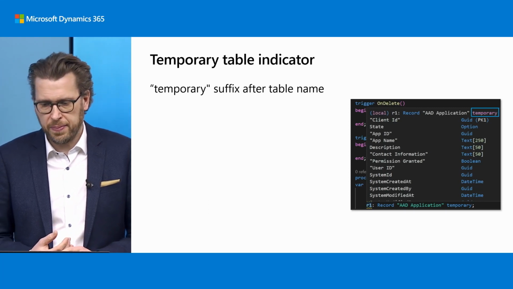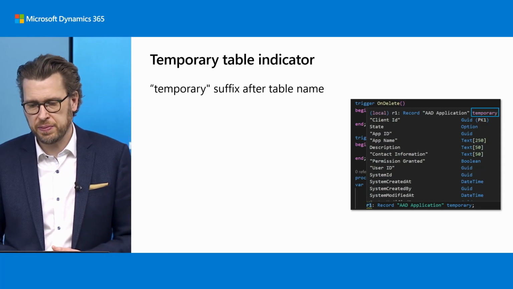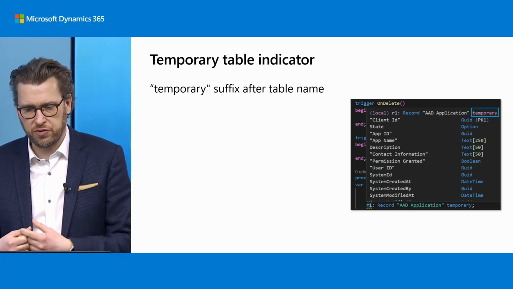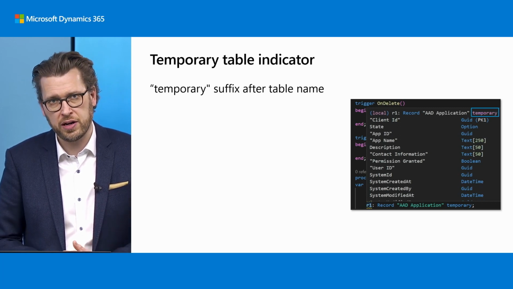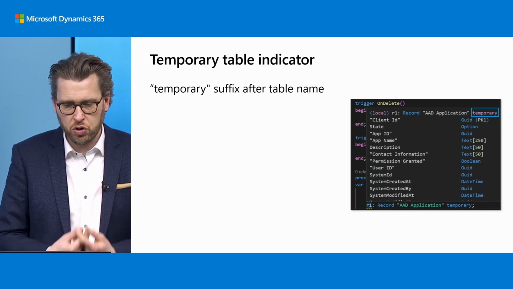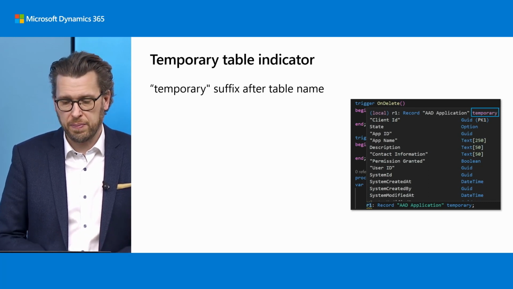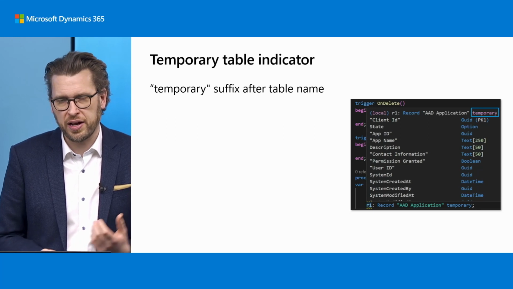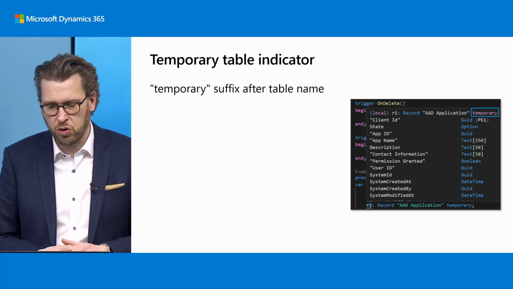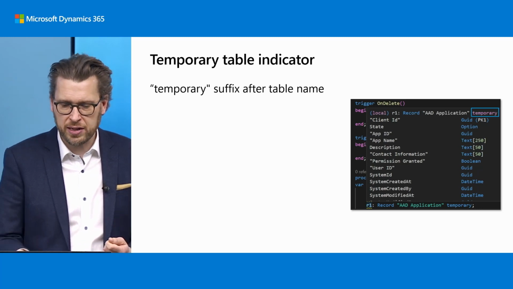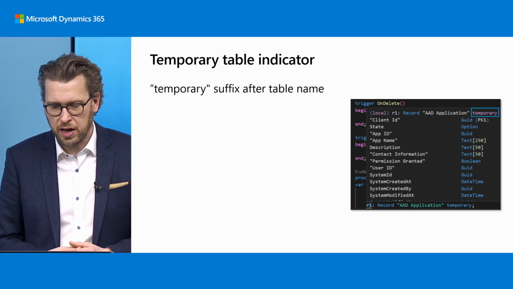Then, as a developer, when you have been working with temporary tables, it hasn't been that easy to tell if a variable or reference, such as a source table, is temporary or not, right? So to improve code readability, to understand the behavior, and to prevent performance problems because you don't have insight or you confuse temporary tables with normal tables, we have now added a new temporary suffix after the table name.